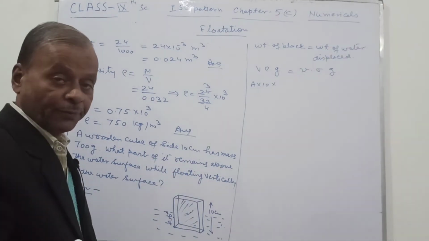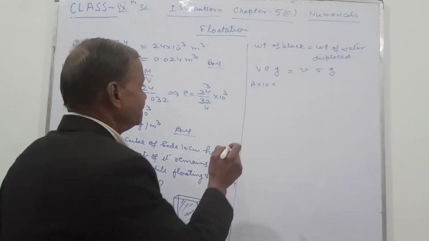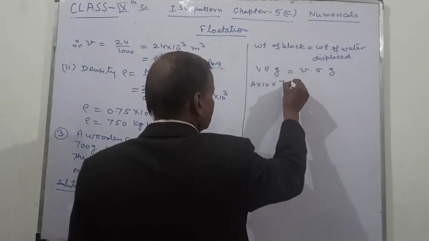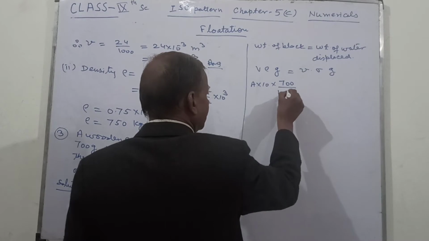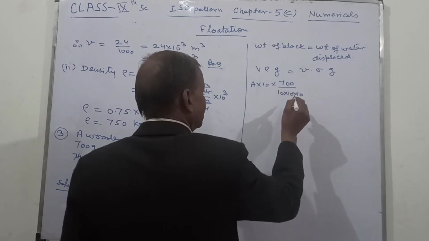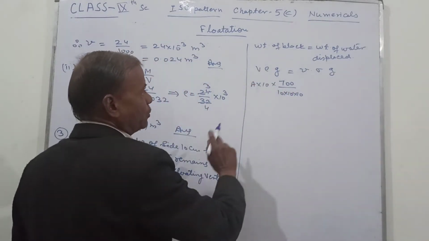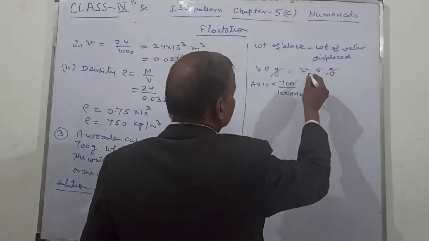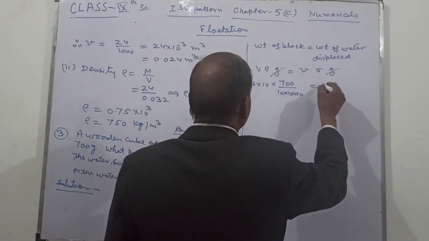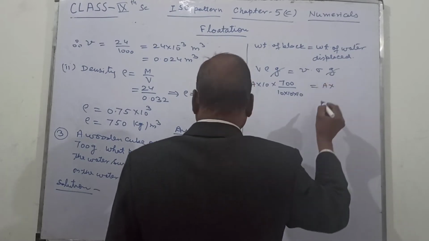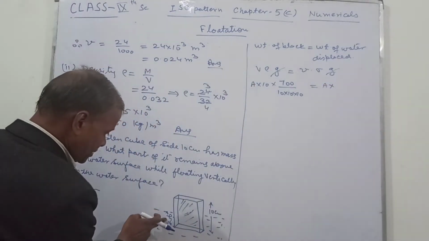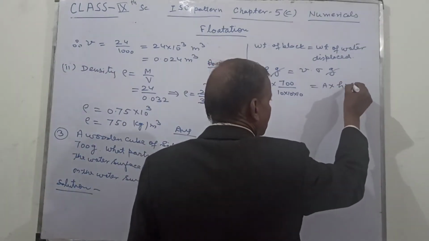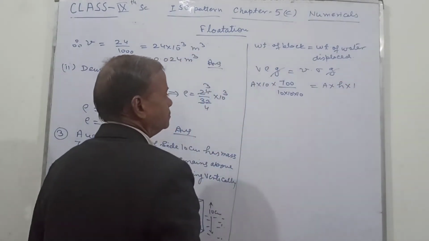We are given the mass 700 and the side 10 centimeter, so the volume will be 1000 centimeter cube. So this is 700 upon 10 into 10 into 10. This is the density of the block, and G will cancel, equal to V, the volume. This is A into H, suppose this is H, equal to 1.